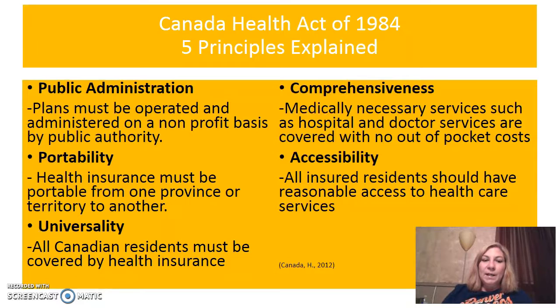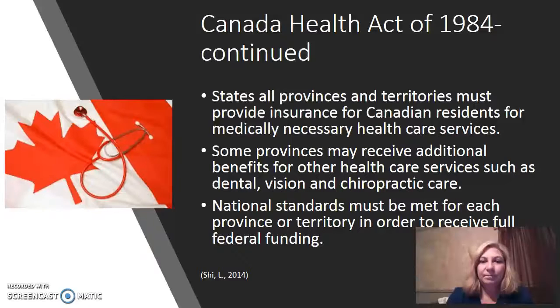Universality: all Canadian residents must be covered by health insurance. Comprehensiveness means medically necessary services such as hospital and doctor services are covered with no out-of-pocket cost to residents. Accessibility: all insured residents should have reasonable access to health care services.